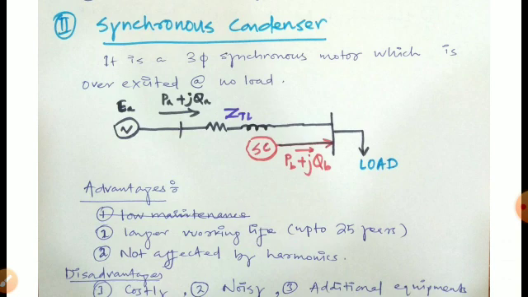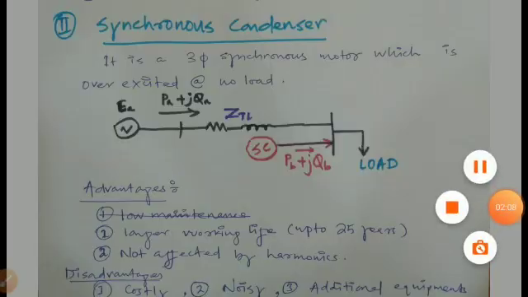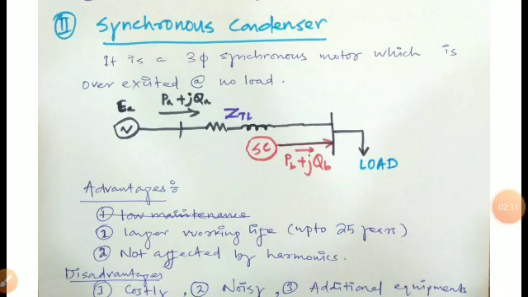So to compensate that, we connect a synchronous condenser. Synchronous condenser takes active power into it, but it supplies reactive power QB out from the synchronous condenser to the load.